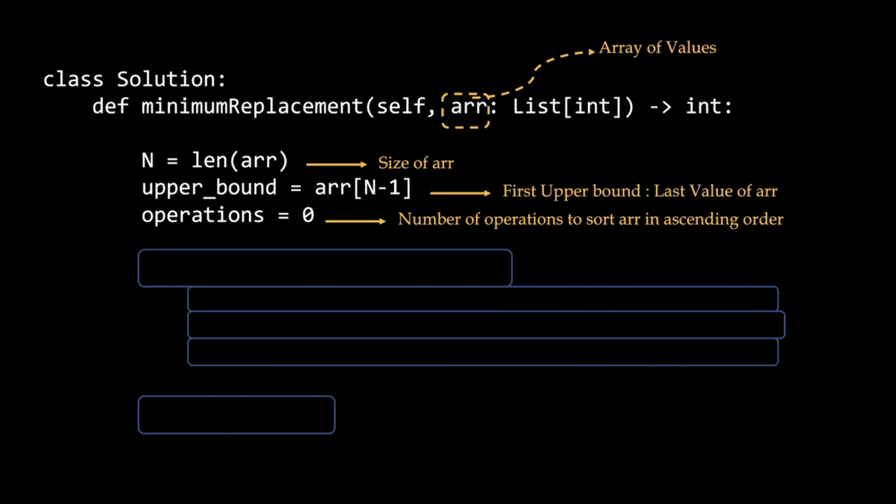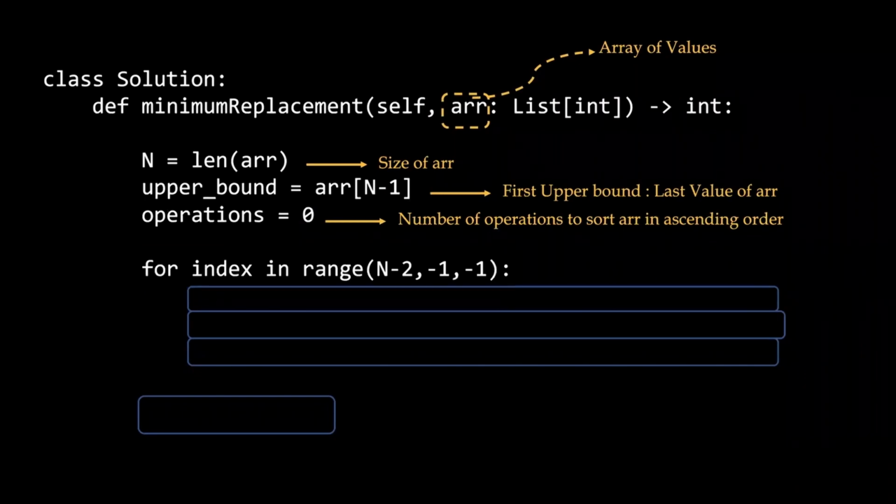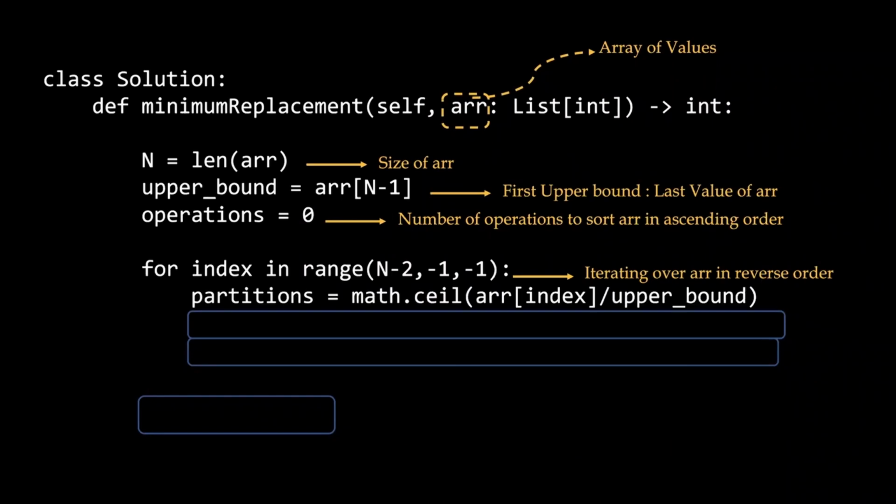So now we start iterating from the end of the array, in reverse order, except the last value n-1, as we have already taken that as the current upper bound. Now first we have to find out the number of partitions for the current value which is at array of index. So in this way we can find out the ceiling of array of index divided by the current upper bound.